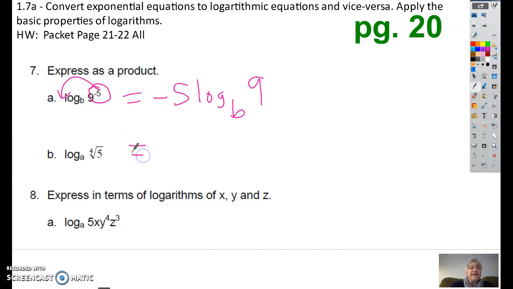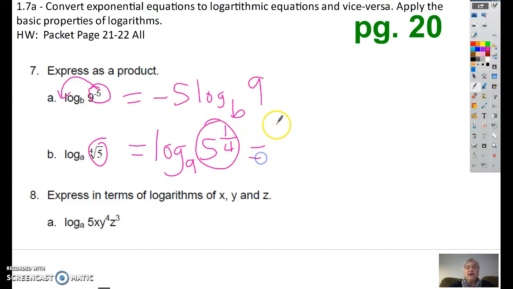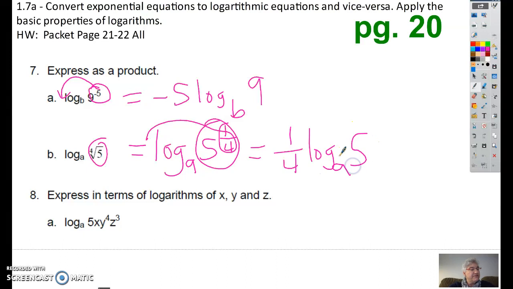For the second one, first I'm going to change it to rational, log base A of 5 to the 1/4, because if I have the 4th root of 5, this is radical, this is rational, and the exponent moves to the front, 1/4 log base A of 5.